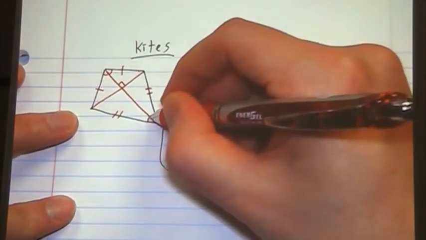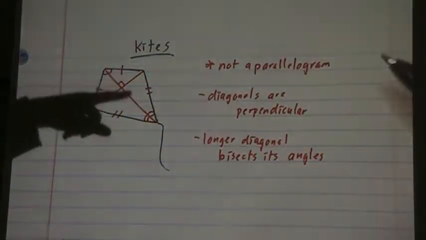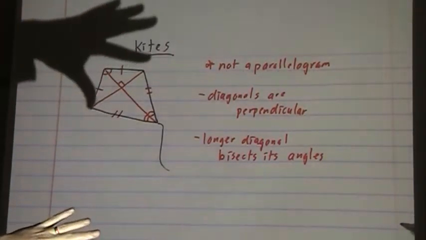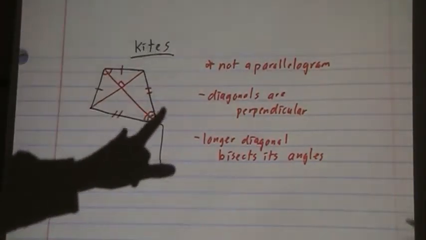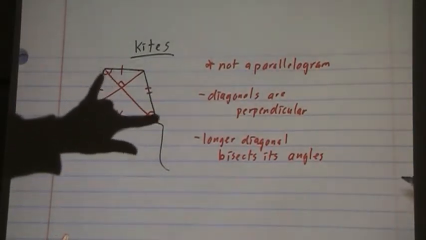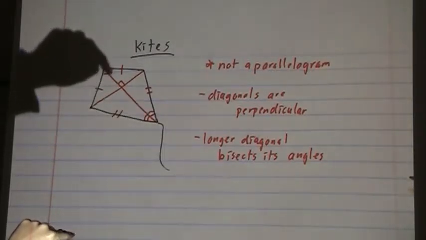So these guys are congruent. And these guys are congruent. You'll notice the top angles are not congruent to the bottom angles. Why is that? Well, your smaller sides are going to have a bigger angle up there than your big sides. So these two angles are not congruent, but those two little halves get cut in half by the long diagonal, and these guys get cut in half.